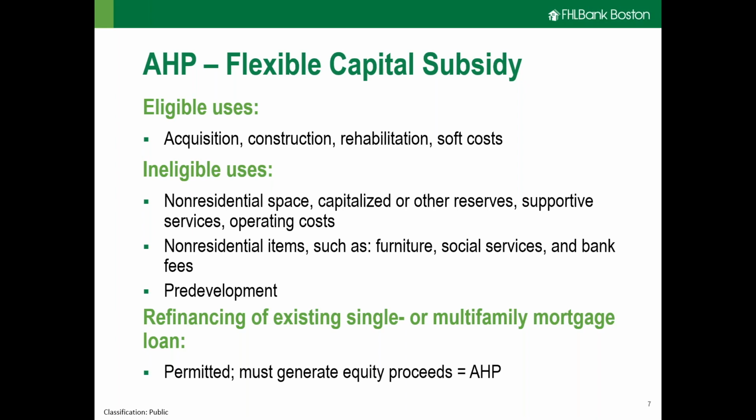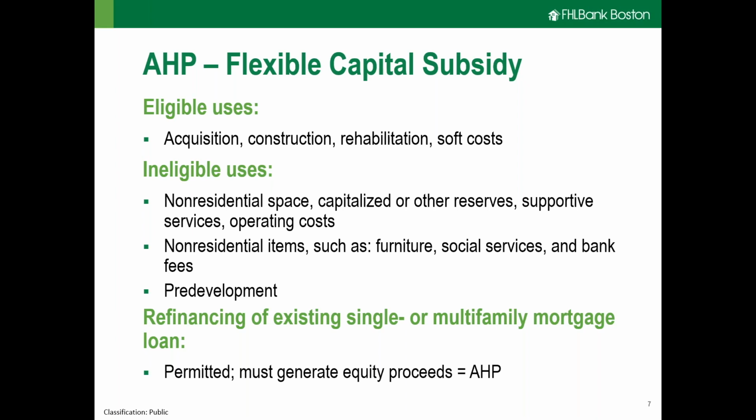It really runs the complete gamut. There are a few ineligible uses, and these really speak to the purpose of the affordable housing program, which is funding affordable residential spaces for people earning at or below 80% of the area median income. So non-residential space, capitalized reserves, supportive services, or operating costs are not eligible.